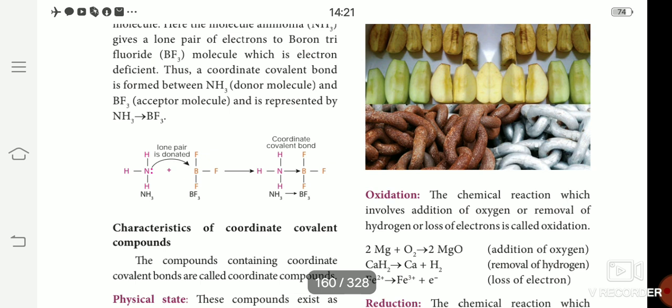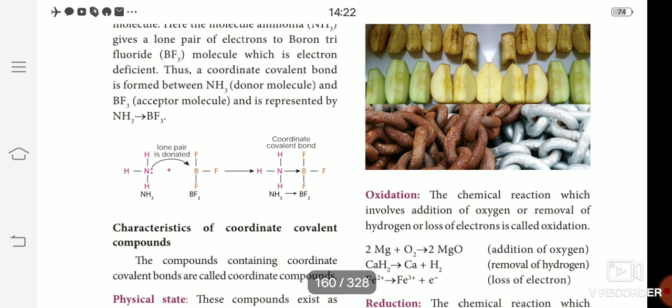In the presence of atmospheric air, that is oxygen, magnesium, which is a metal, reacts to become magnesium oxide, a metal oxide. So it is the addition of oxygen, magnesium combining with oxygen to form magnesium oxide.